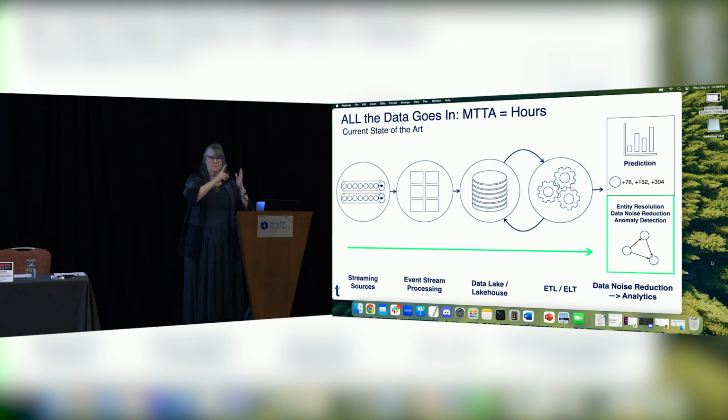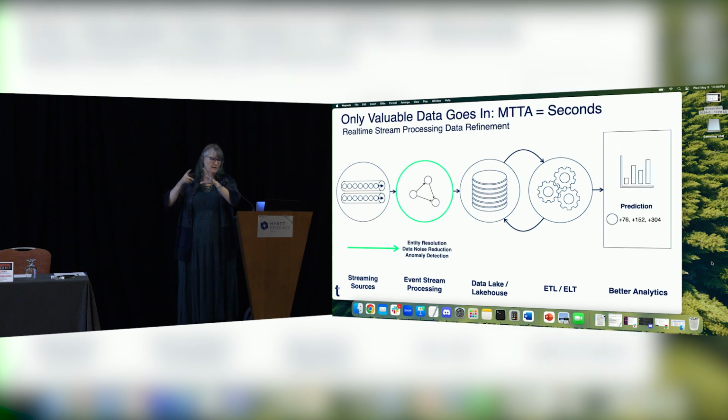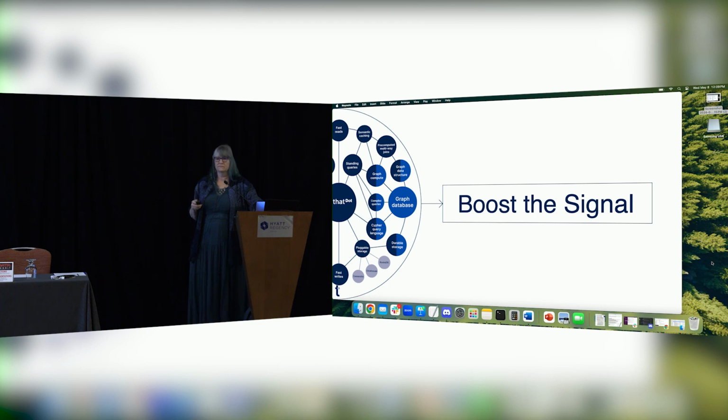So right now our system is data streams in, we maybe do a little bit of event processing on it, we dump it in our data lake, our database, our data warehouse, whatever it is, we do the data transformation, the entity resolution, the finding whatever is important, the converting our categorical data into big wide numeric data to train our algorithms, all of that. And then you can train your algorithms, or you can do your analytics, or you can find your entities, you can figure out the things at the end. And if you're lucky, mean time to answer is hours.